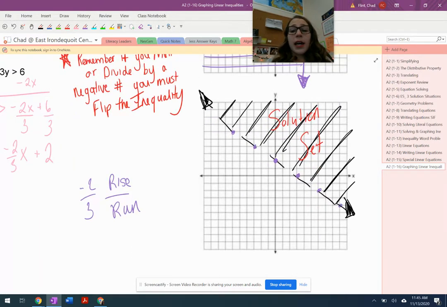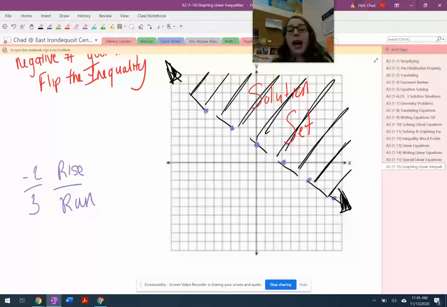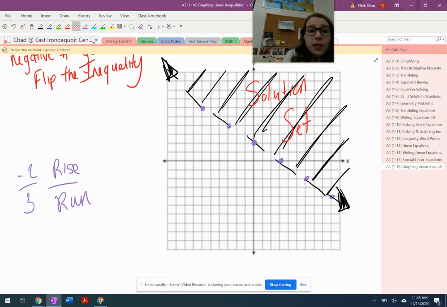And this time, points on the line are not included because it's a dashed line. So points on that line, that point doesn't really belong there. Get rid of that one. There you go.